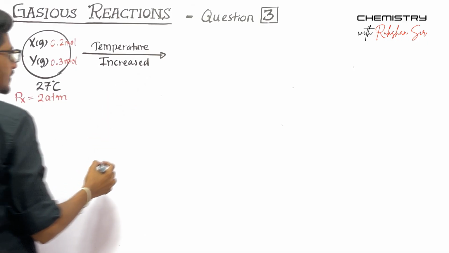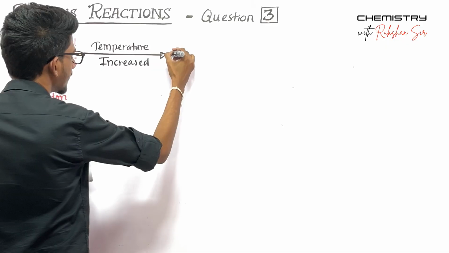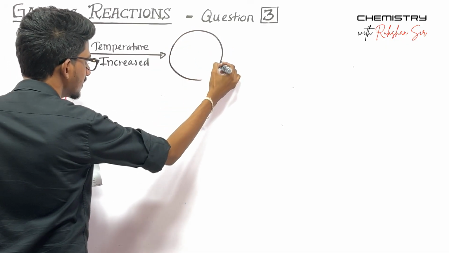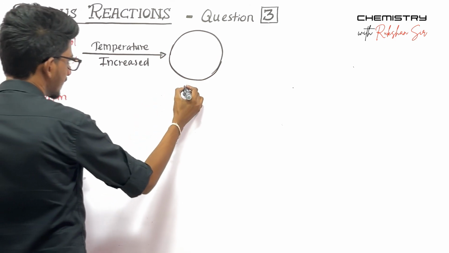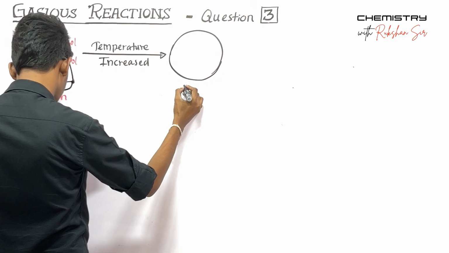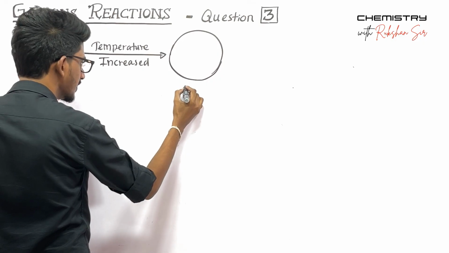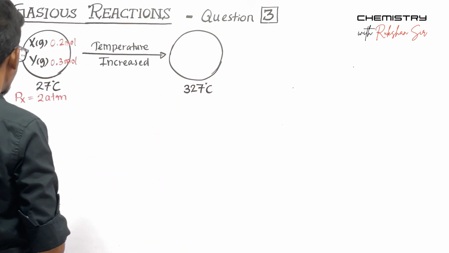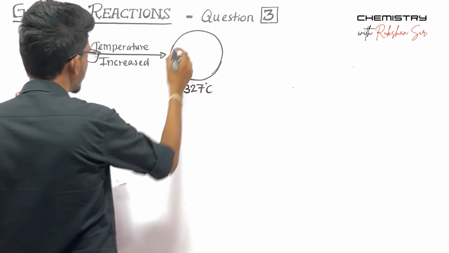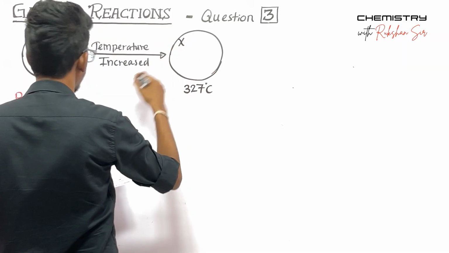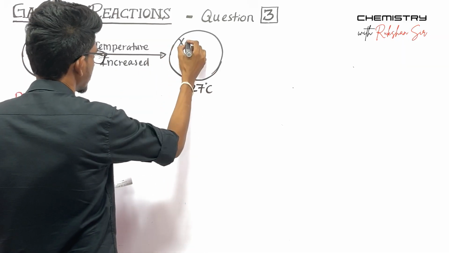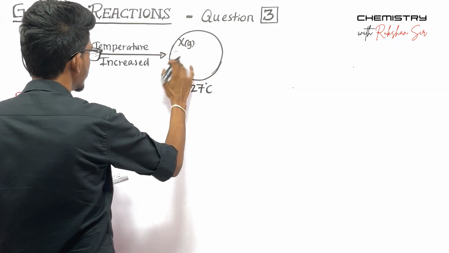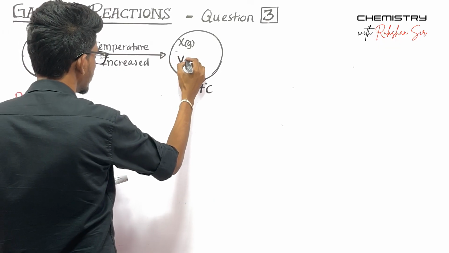So, at the first instance of increasing temperature, the system looks like this. It has increased to 327 Celsius. Just before the reaction, after increasing temperature, the system is only with X gas and Y gas, right?